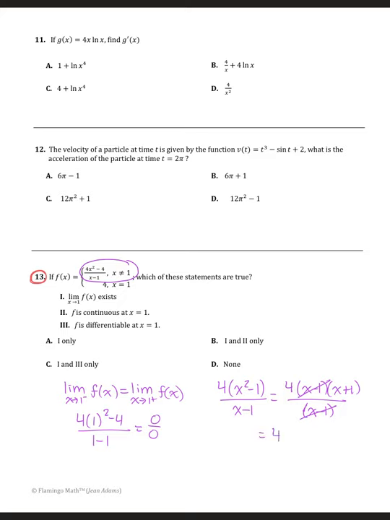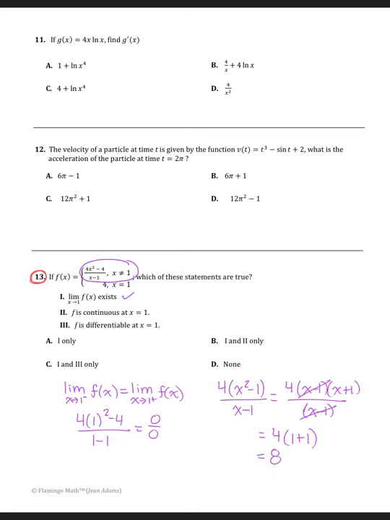So all you're left with is the x plus 1. And if you plug in 1, you get 8. So the limit does exist. We just have to do some algebraic manipulation here.